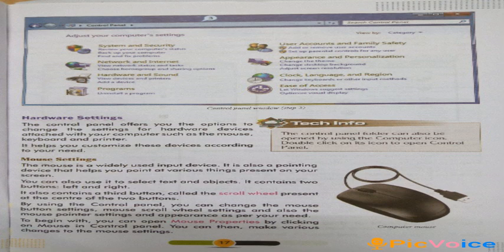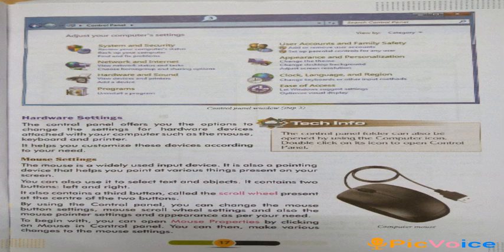Mouse settings. The mouse is a widely used input device. It is also a pointing device that helps you point at various things present on your screen. You can also use it to select text and objects. It contains two buttons, left and right. It also contains a third button called the scroll wheel, present at the center of the two buttons.